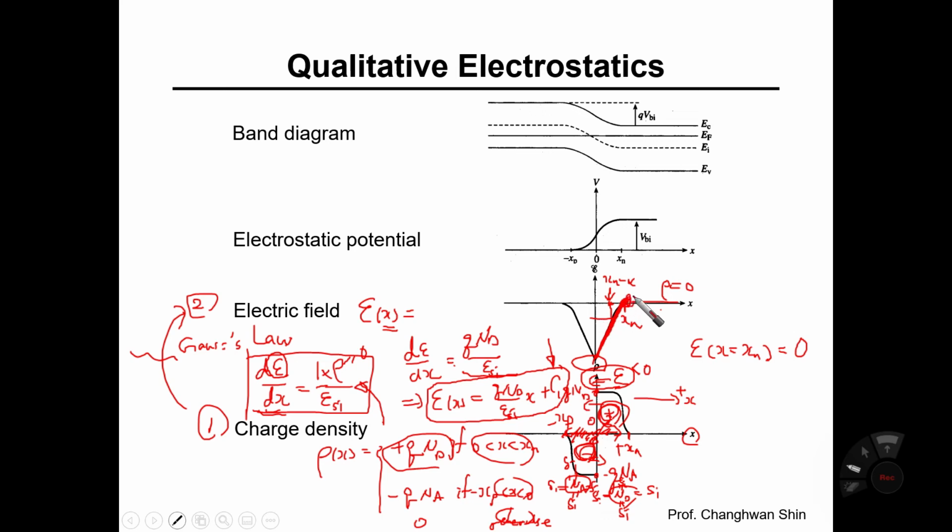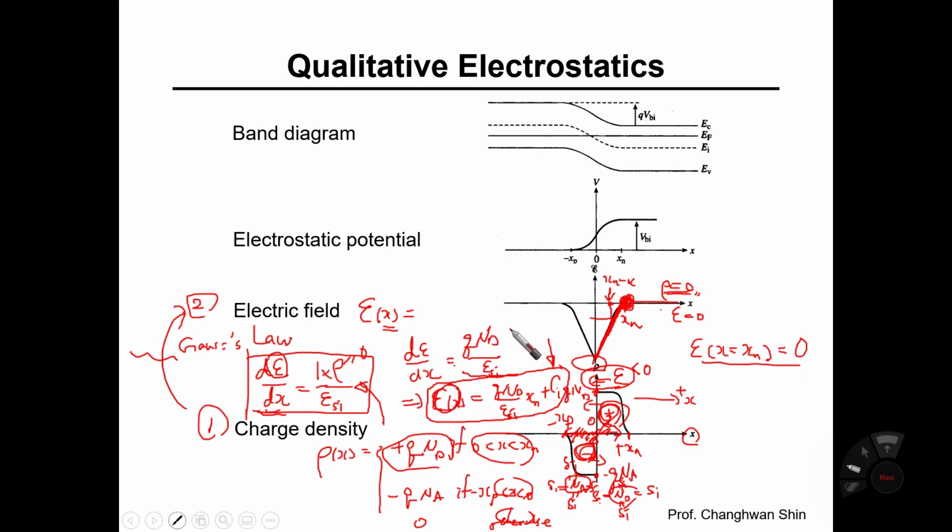In the end, beyond Xn, the charge density is 0, so the electric field must be 0. So at this boundary, X of Xn, the electric field intensity must be 0. Plug in X equals Xn here and 0 here.